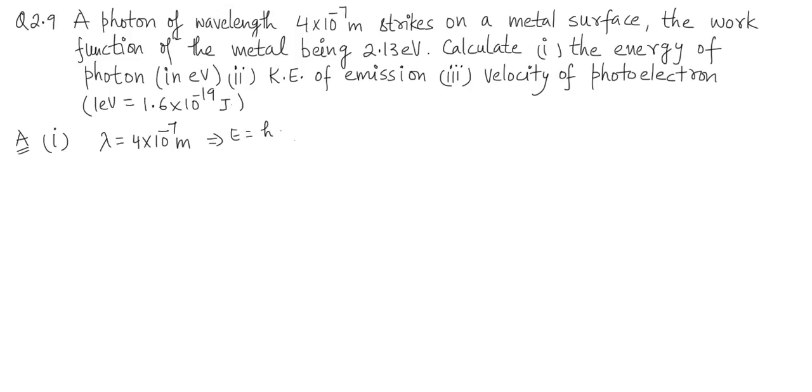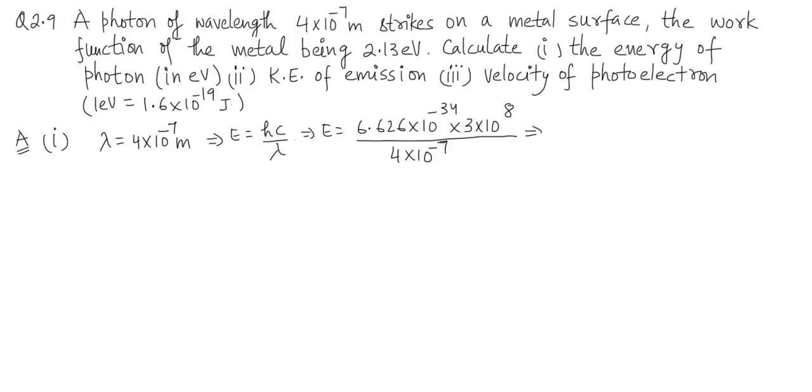E equal to hc by lambda. It implies E is equal to, and again you put all the values. There's nothing difficult in this. Into 3 into 10 to the power 8 divided by lambda is 4 into 10 to the power minus 7 meters.